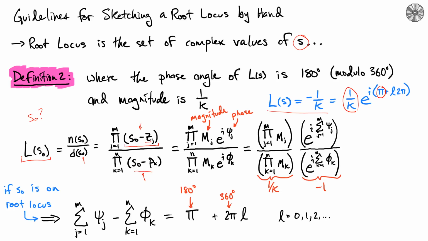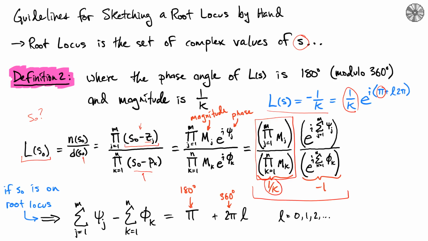Very similar to the way we looked at the Bode plot, we can multiply out all of the magnitudes together and all of the phases together, and we get an expression like this. We can extract the magnitudes: the product of the numerator magnitudes divided by the product of the denominator magnitudes needs to be this magnitude 1 over k.